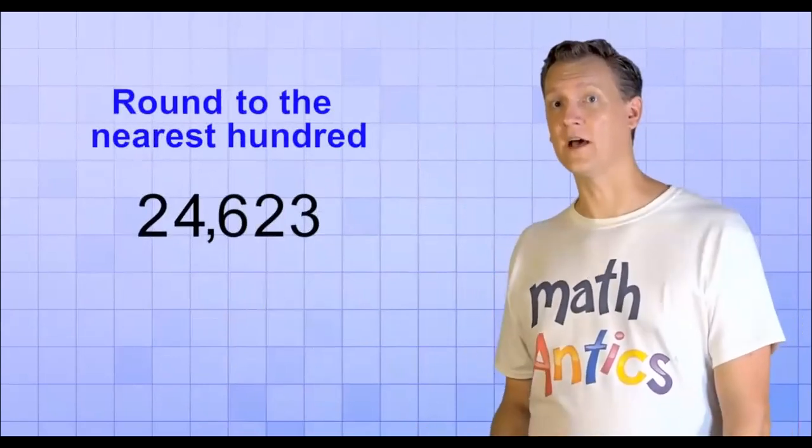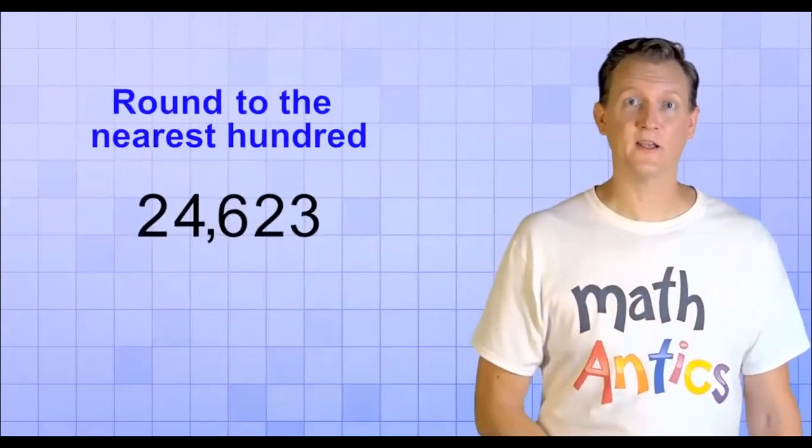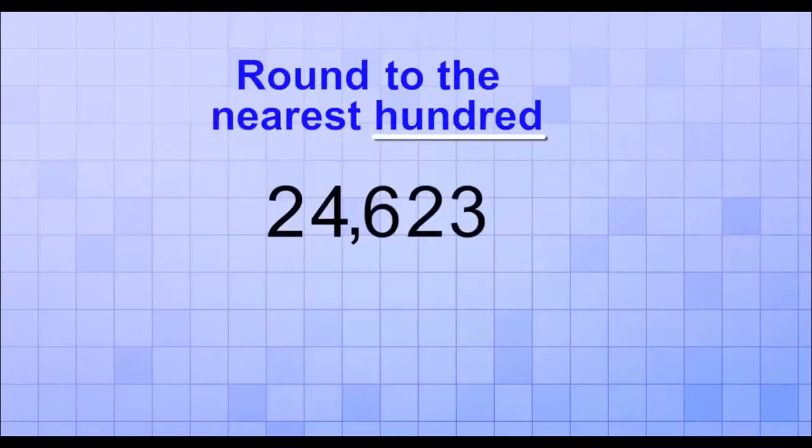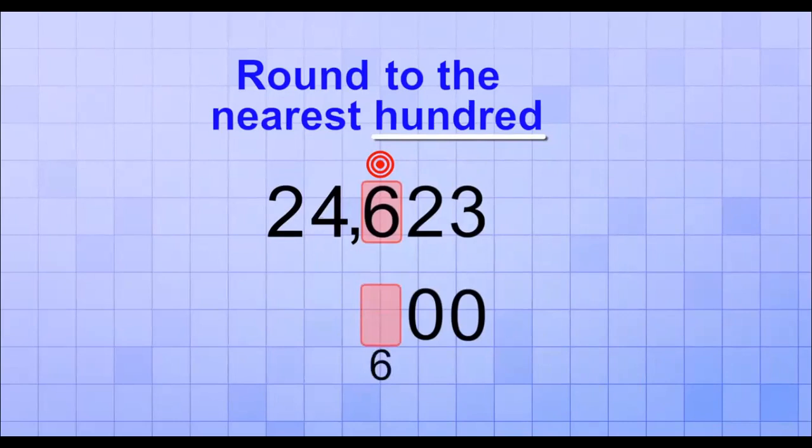Round 24,623 to the nearest 100. Since we need to round to the nearest 100, we first need to identify the digit in the hundreds place. That digit is a 6, so that's our target. And we know that any digits to the right of the target will be replaced with zeros in our rounded version. Next, let's decide what to do with the target digit. We either keep it the same or we increase it by 1.